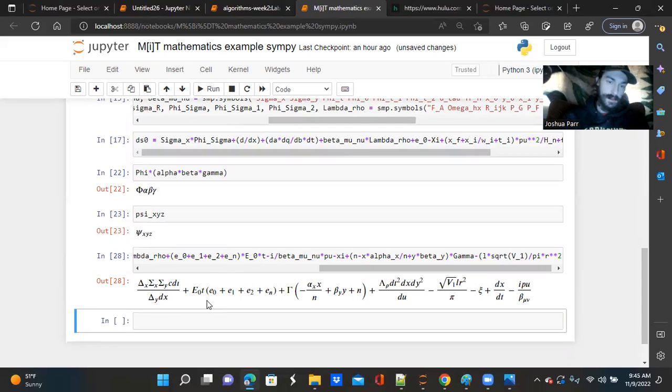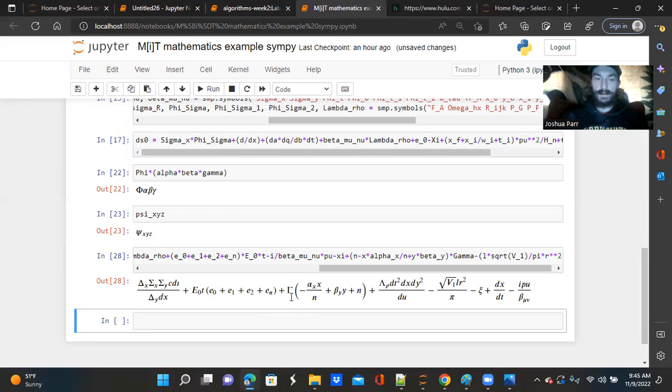And that we're multiplying by the time variable. And then we have the collective little e naught, little e1, little e sub 2, plus little e sub n.